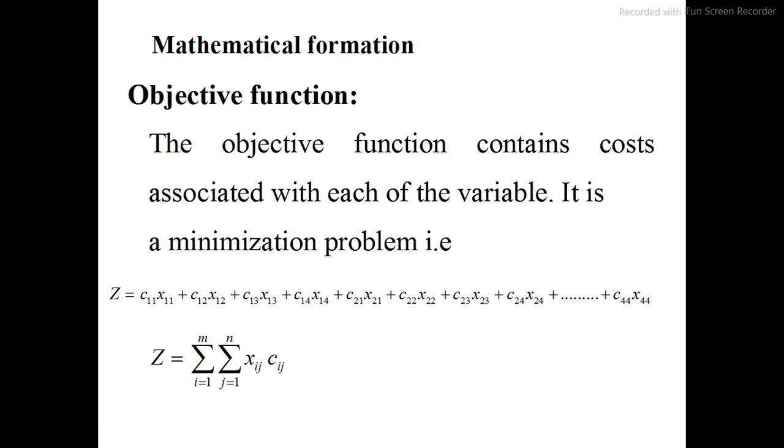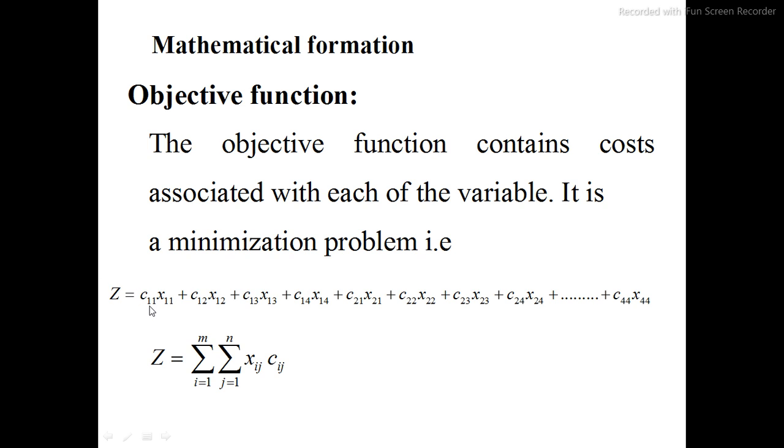For solving this, we need an objective function. Our aim is to minimize the overall cost of transportation. So here the objective function is Z, the overall cost of transporting a good from source to destination.